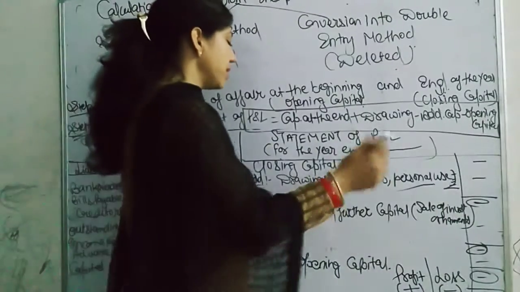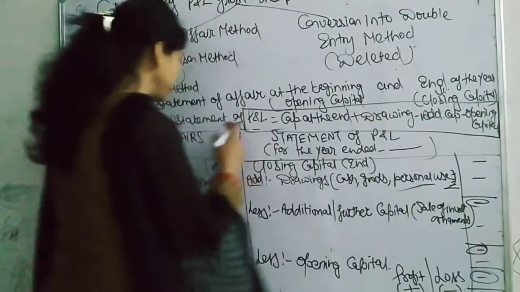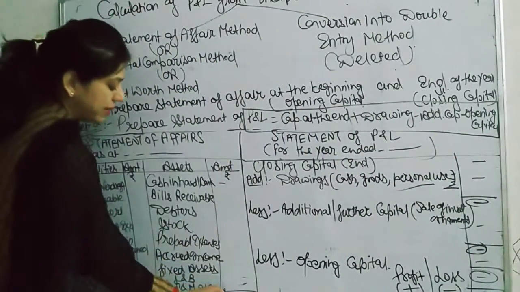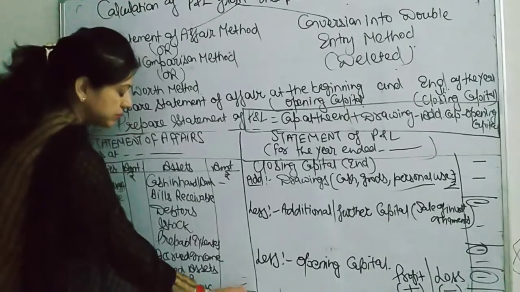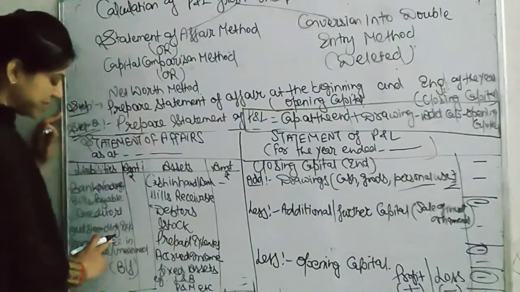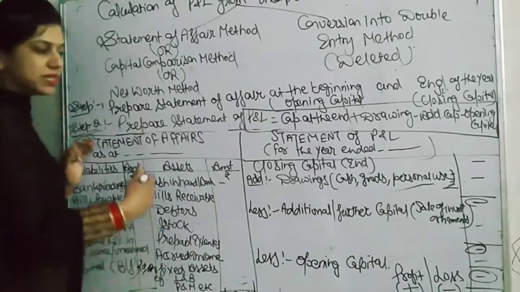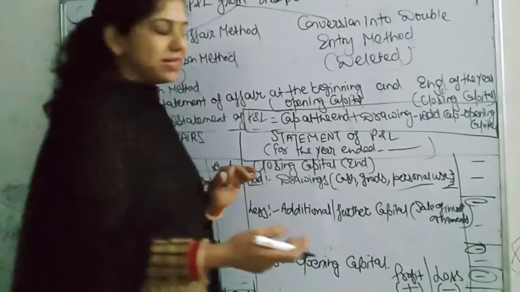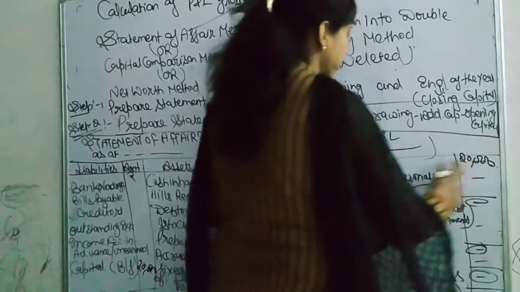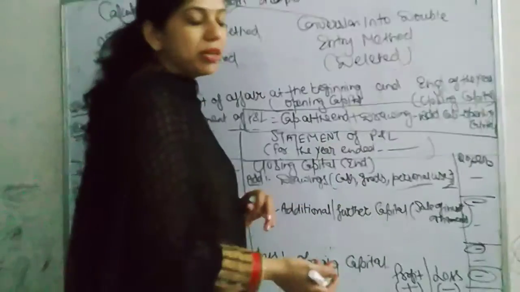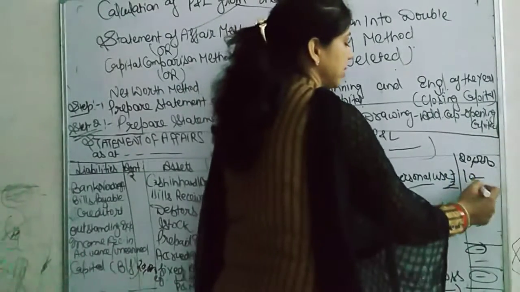For example, here the total of assets is 1 lakh and the total of all these liabilities is 80,000. So closing capital is 20,000. I am just giving you an example so that you can easily understand. So closing capital is 20,000 plus drawings, for example given in the question as 10,000.